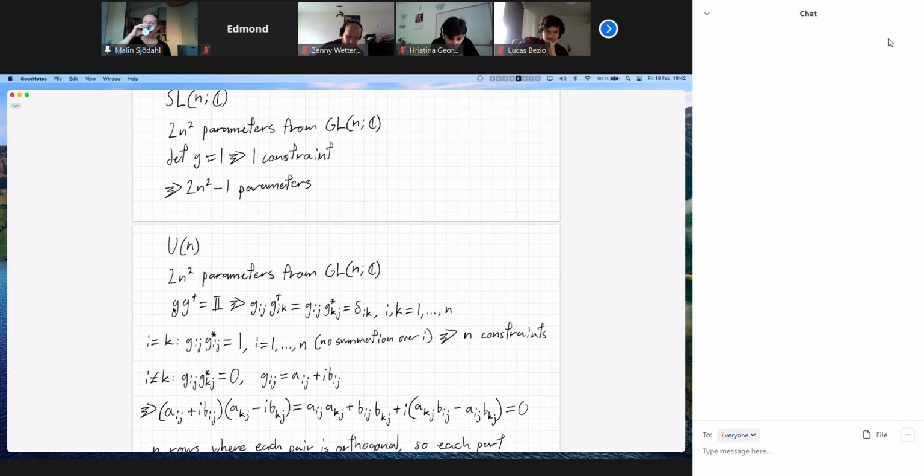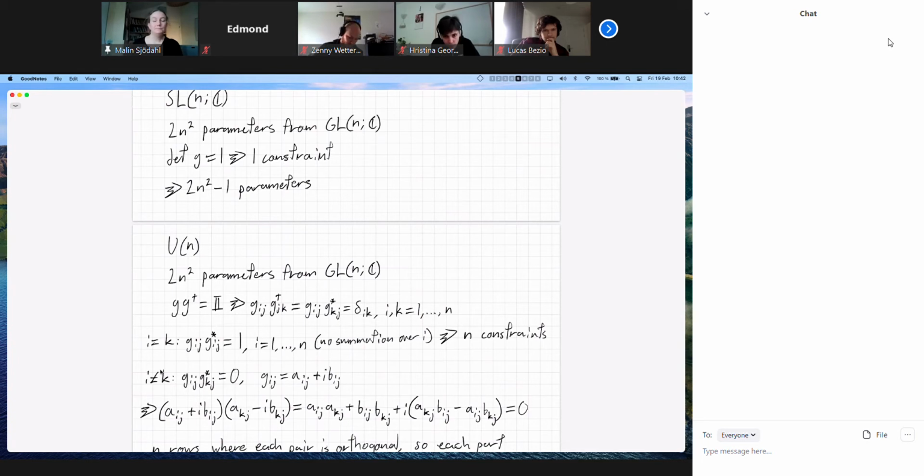And then we know that an element G times its Hermitian conjugate is supposed to be equal to the identity matrix since it's unitary. Written in terms of the components, we have G_ij times G Hermitian conjugate_jk, and then if we take the transpose, we split the indices. It's supposed to be equal to the Kronecker delta.